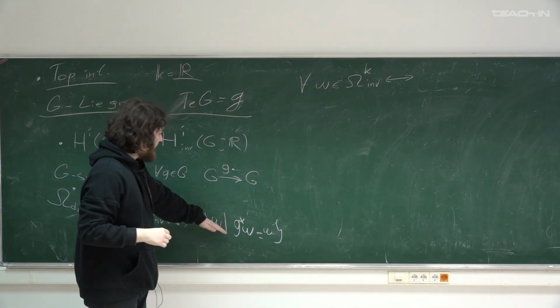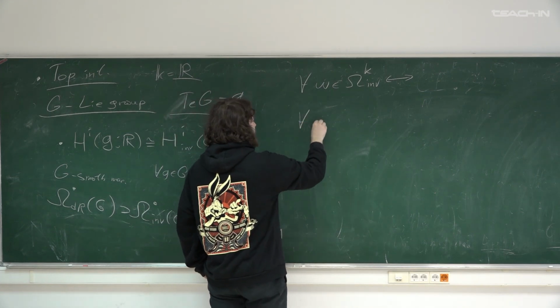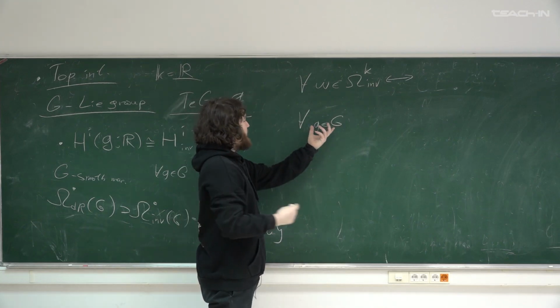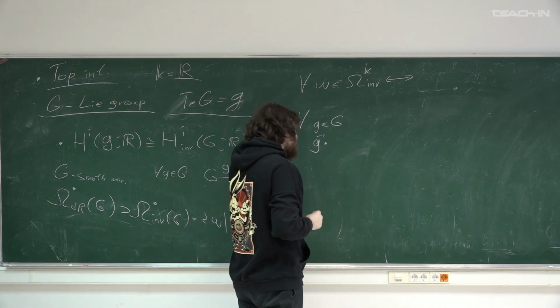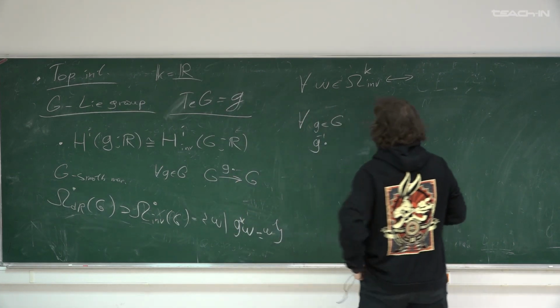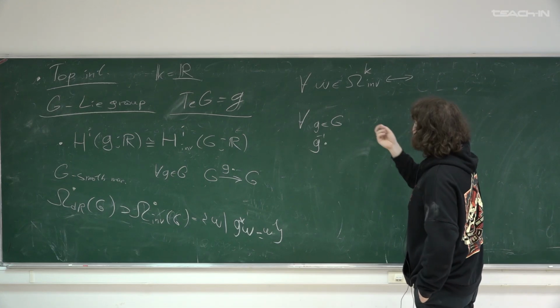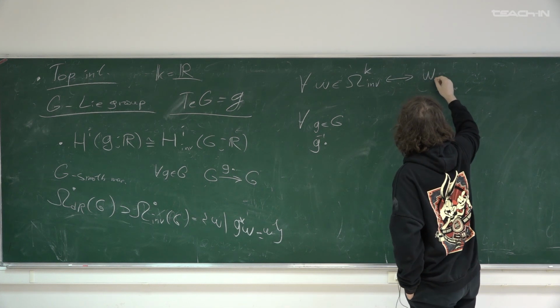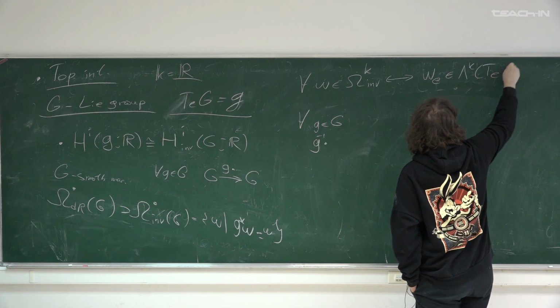Because of this invariancy, for any point g in G, we can translate this point to the unit by multiplication by g inverse from the left. And by invariancy of the form, this form is just determined by its value at the unit. The value at the unit is just a k-linear form on the tangent space of the unit.